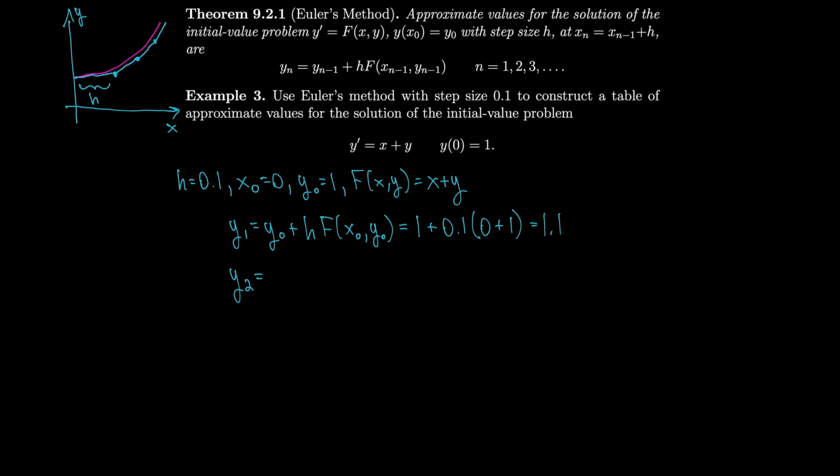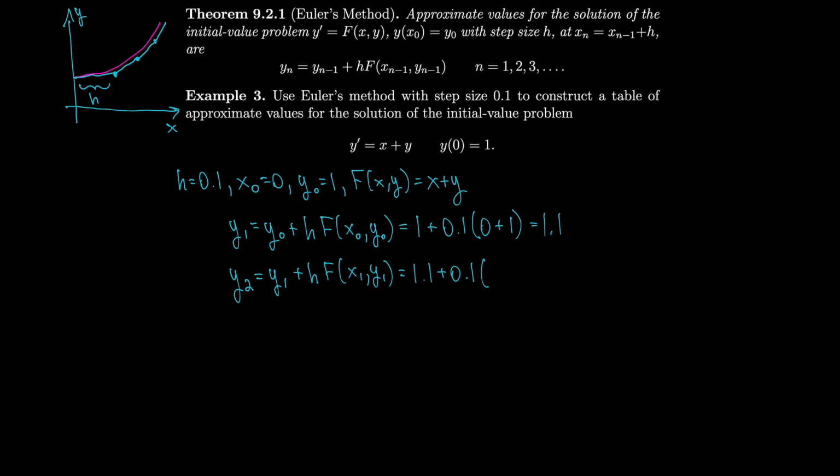So y2 will be y1, our previous y value, plus our step size times f of our previous point, x1, y1. Notice we're plugging in y1, what we just solved for, which was 1.1, and we use our step size of 0.1 again. But now we need x1, y1 in our function where we add them together.